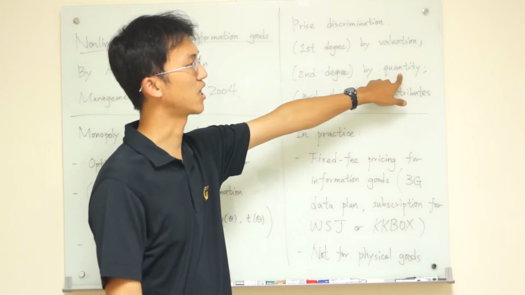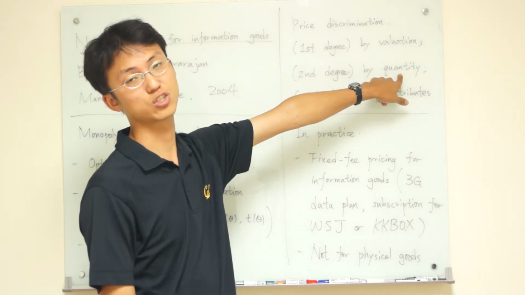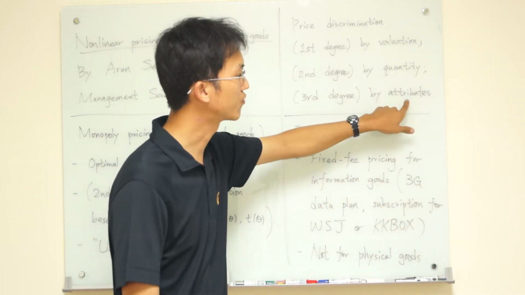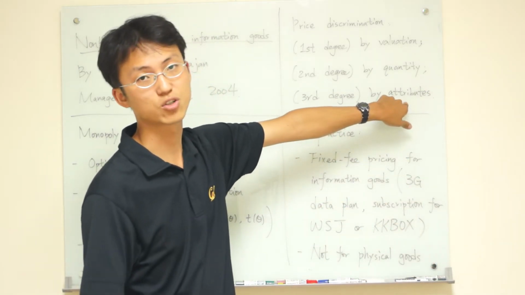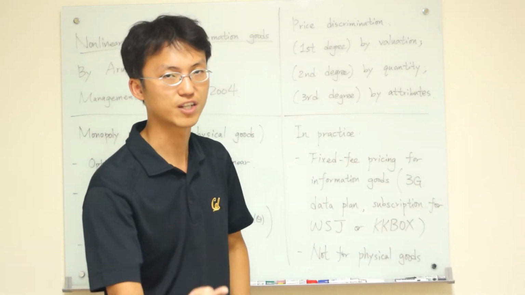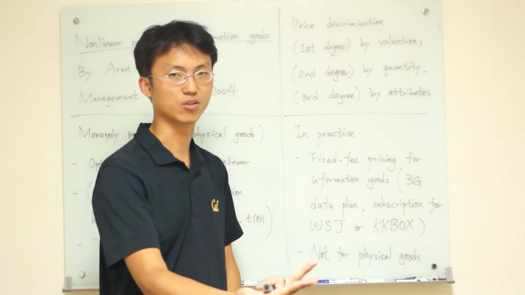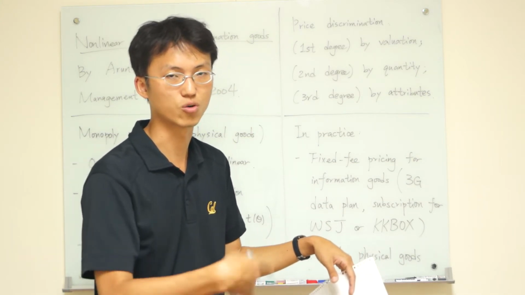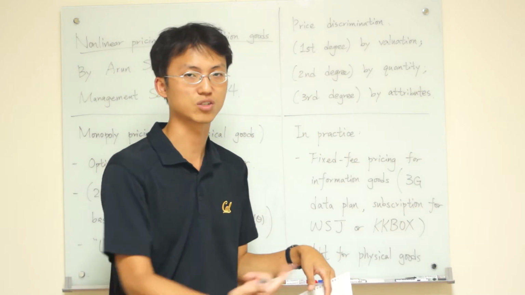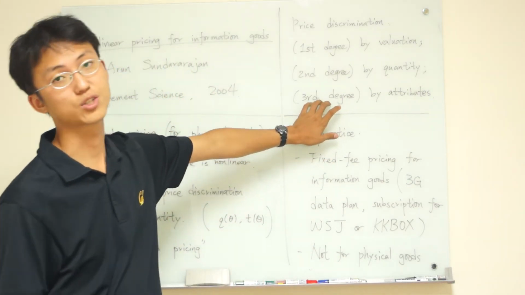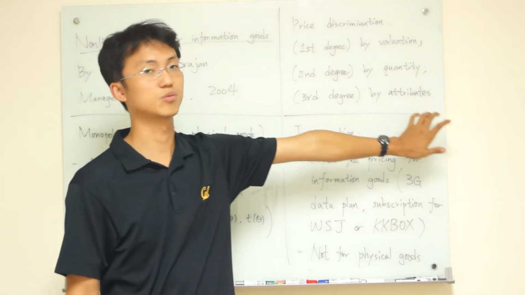So if you cannot differentiate consumers according to quantities, then what you can do is to differentiate them according to some attributes. For example, age, profession, or location, where do they live. Or even what computer or operating system they are using to connect to your website. In that case, we say we are doing a third-degree price discrimination.